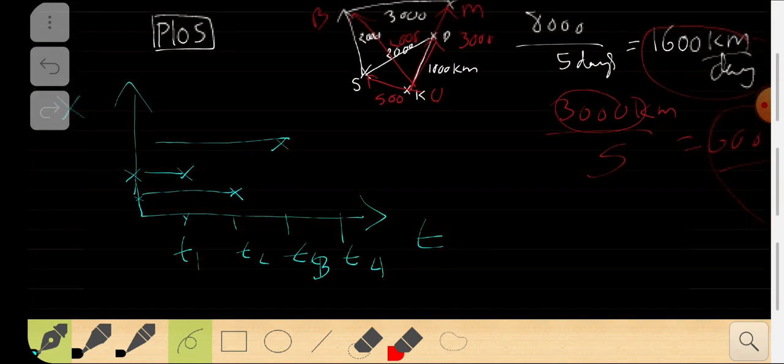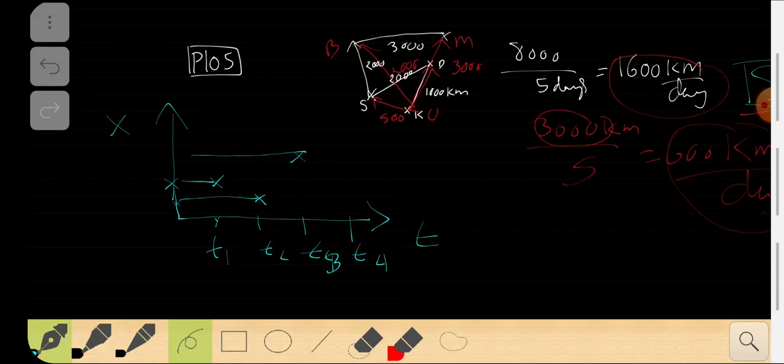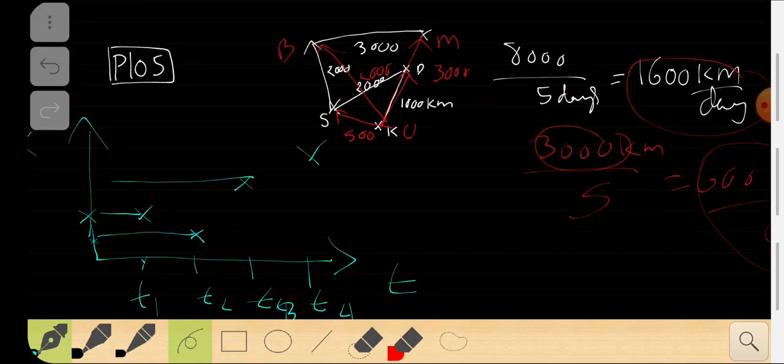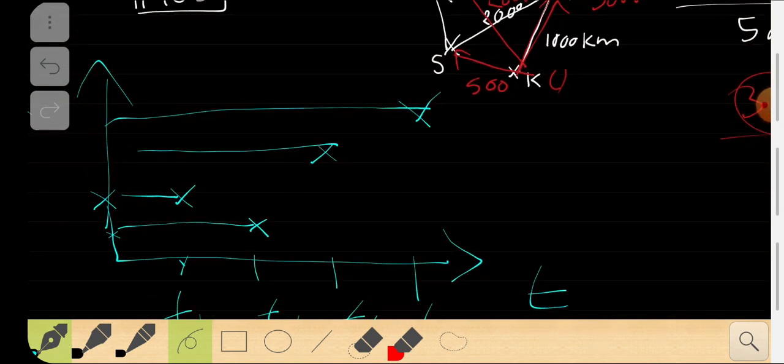Now at the last checkpoint, which is at Moscow, I'll be around 3000 kilometers away at t4. If I connect these points from the origin, I'll get something like this. This is called the displacement versus time plot.